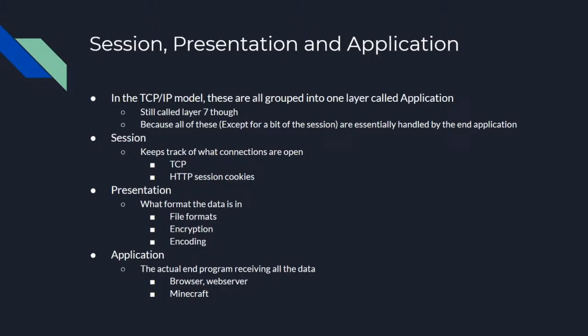But also, HTTP has session cookies, which represent the session at an application layer. They give you a session cookie so you can keep track: okay, this person had this cookie, which means they must be this person logged into this site. So that's the session layer.